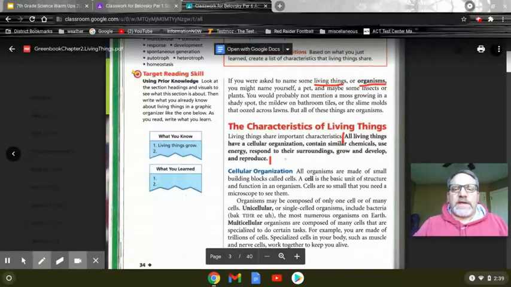The 4th characteristic for all living things is that every living thing responds to its surroundings. Well, what does that mean? When your alarm clock goes off in the morning, what do you do? Hit snooze? Get up, roll back over, go back to sleep? That is your response. A dog, when he hears food hitting the bowl, runs for it.